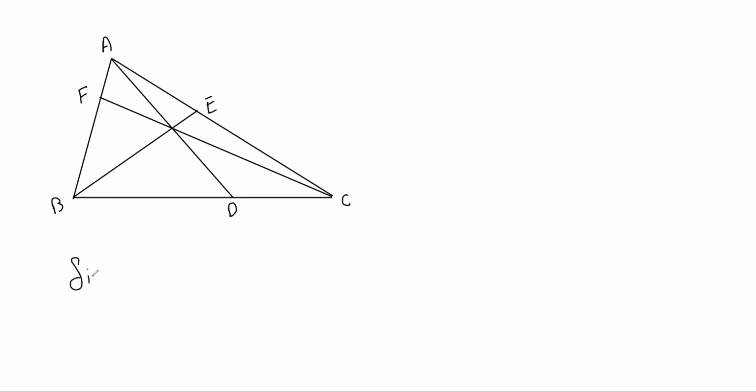So show that, and again I'll label them like this: alpha, beta, gamma, delta, eta, theta. I'm just going cyclically.